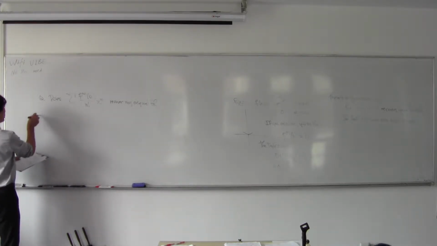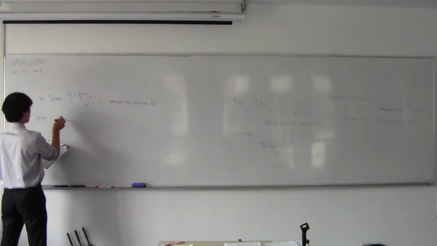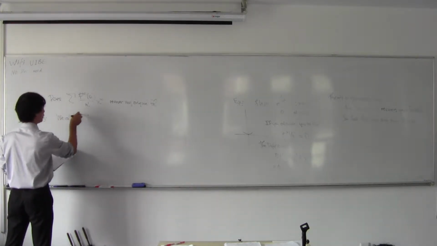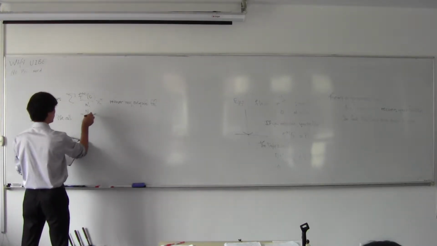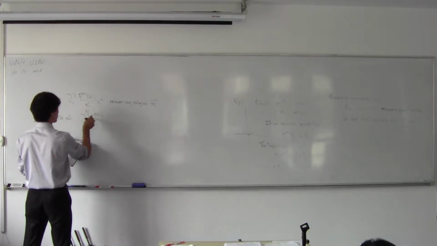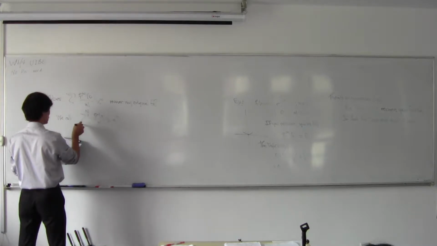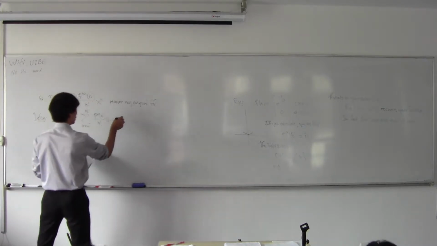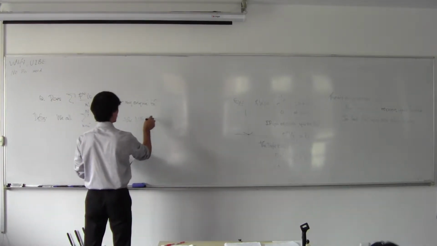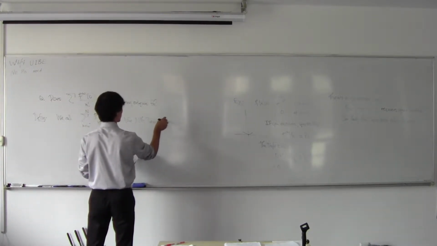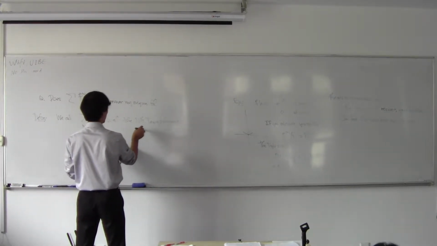Let's give a useful definition. We call the sum up to the nth power of the Taylor series expansion the nth Taylor polynomial of f around a.